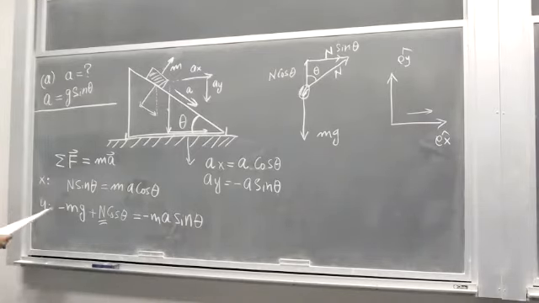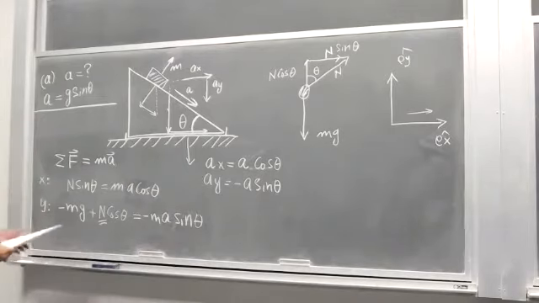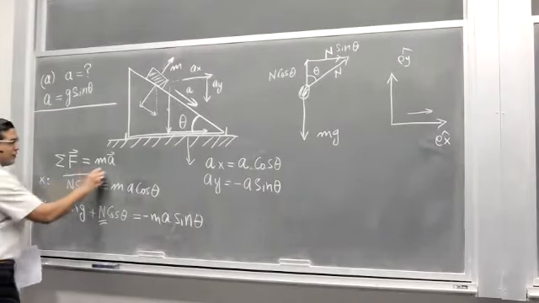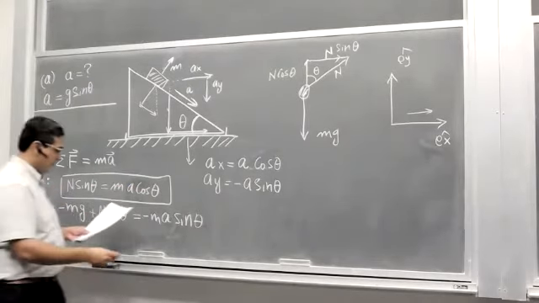Now from here, it's very simple to just simultaneously solve these two equations and find the acceleration. Can you do that? For example, from the first equation, you can find the normal.